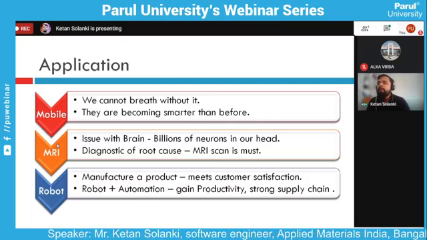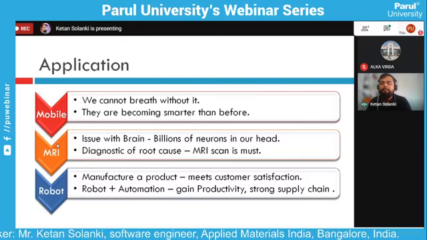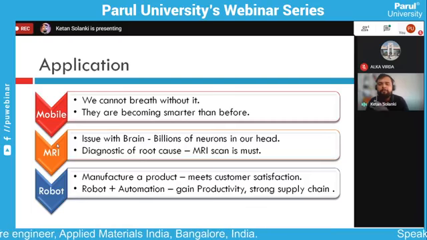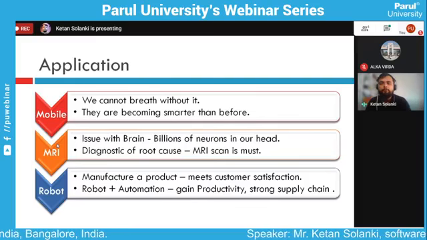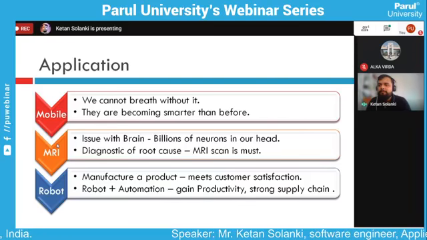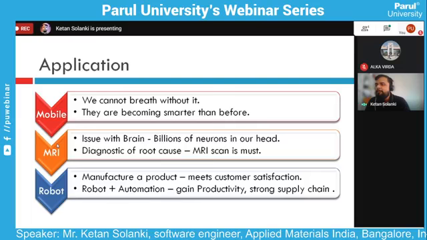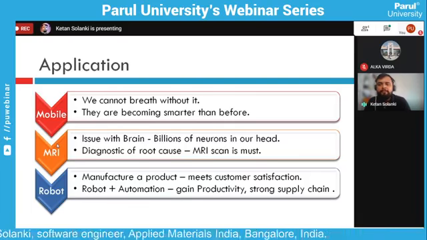We require a smarter mechanism to diagnose it, so we have an MRI scan machine. It scans the billions of neurons in our brain and diagnoses the root cause. Then we have the example of robots, and how they are applicable to our day-to-day life. Beyond consumer products, robots are nowadays used in manufacturing.